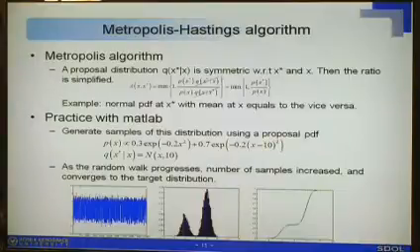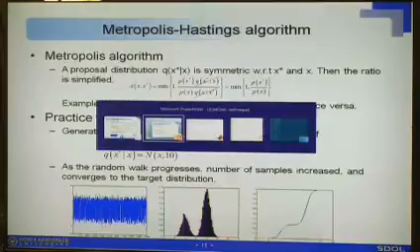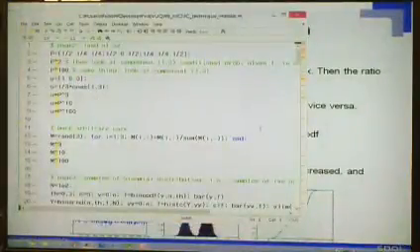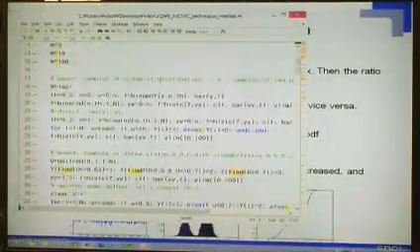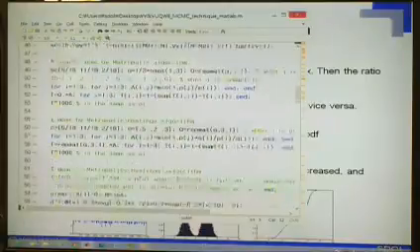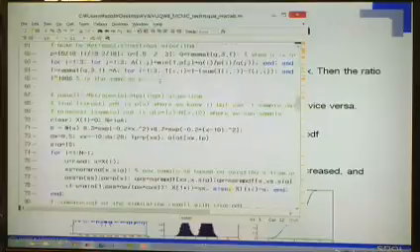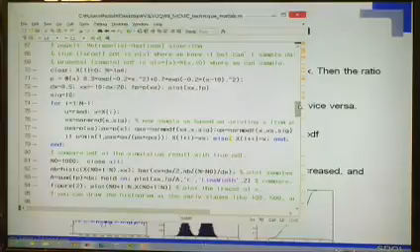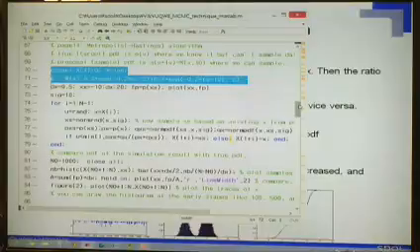For this, I have to implement it in Matlab. So I define the target distribution.